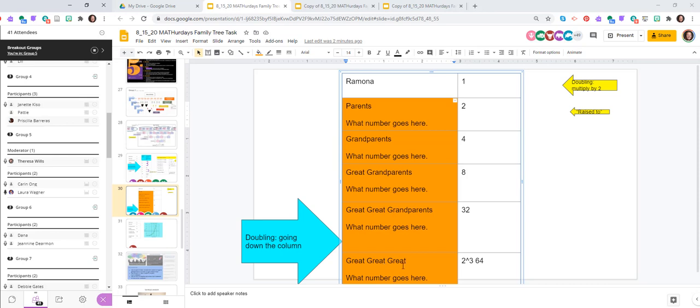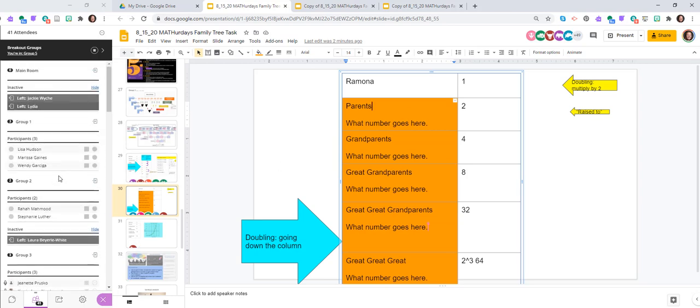We were thinking parents is 1 generation, so 1, grandparents is 2, great-grandparents would be 3, but then we were thinking the doubling and multiplying doesn't work all the way down. Oh, isn't that tricky? Very cool.